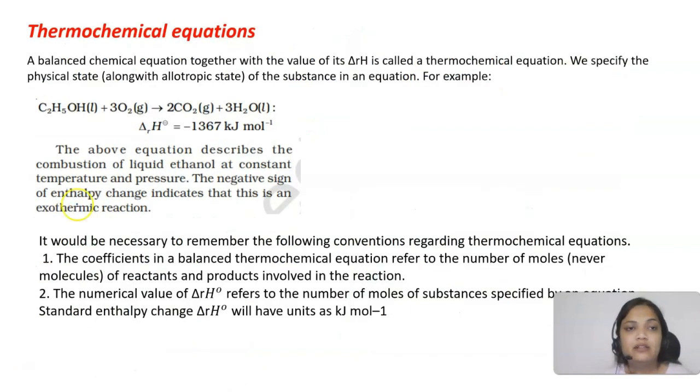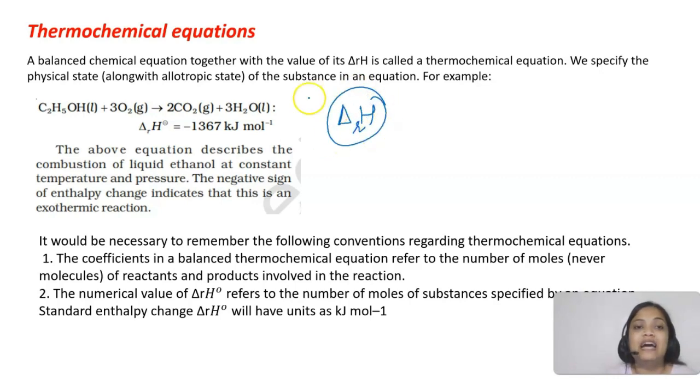Now the next thing is thermochemical equations. So these equations that we are writing, the balanced equation together along with the value of delta H, where we are talking about the enthalpy of the reaction also, it is called thermochemical equation. Chemical equation we know, balanced chemical equation. If we are mentioning the enthalpy also, that becomes the thermochemical equation.